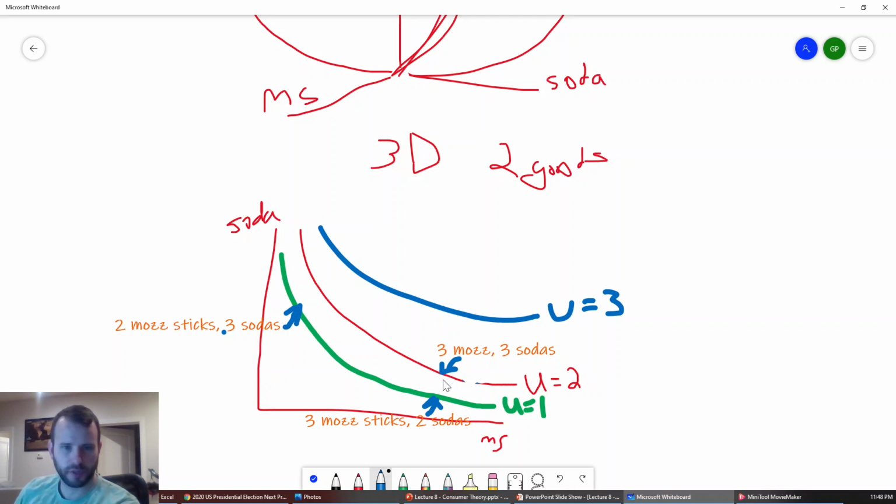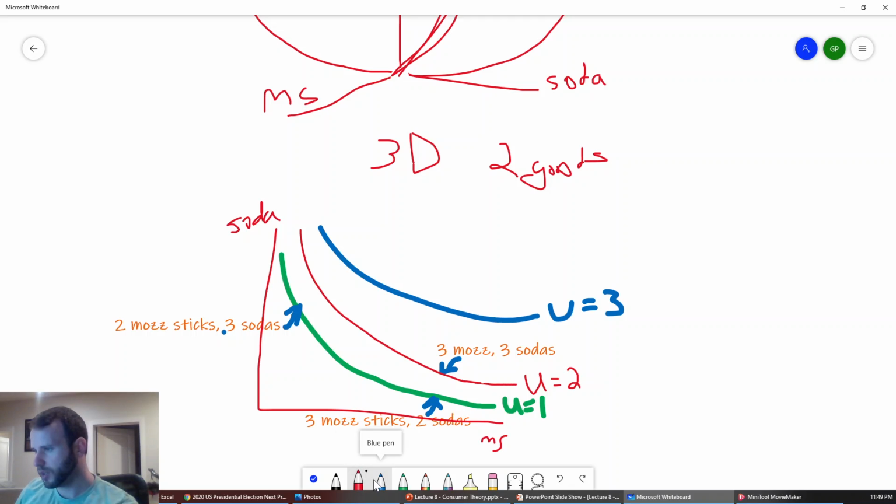So 3 mod sticks, 3 sodas gives you a utility of 2, so that extra soda gave you a utility of 1. You could say that the marginal utility of that third soda is 1. This is another way of saying it.